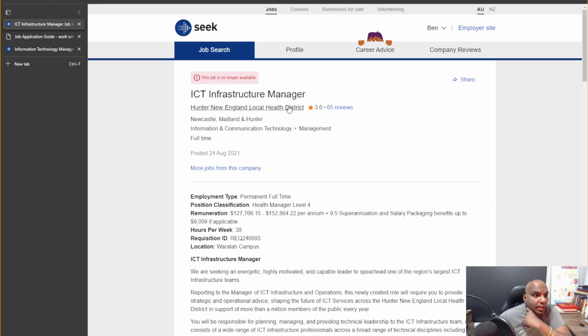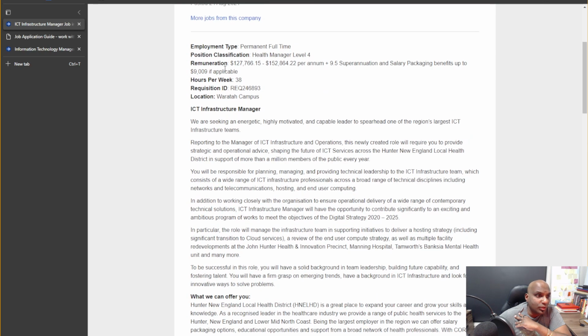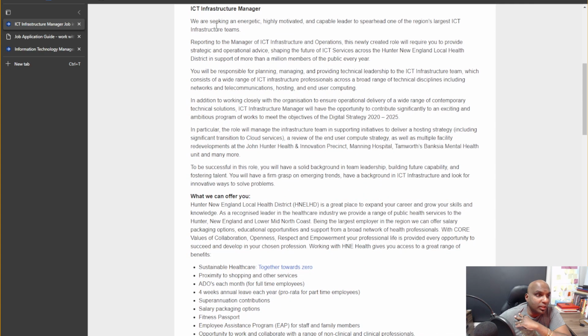longer advertised. So ICT Infrastructure Manager. It's a good thing, it says the range, and then it tells you energetic, highly motivated, capable leader to spearhead, and then tells you what it's about, infrastructure and operations, and it's a newly created role. That's fantastic.